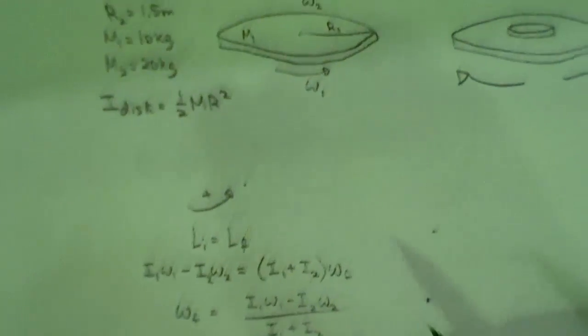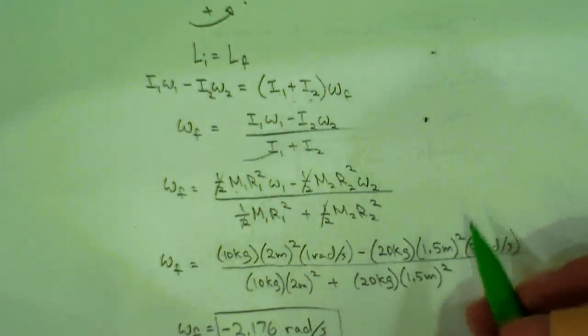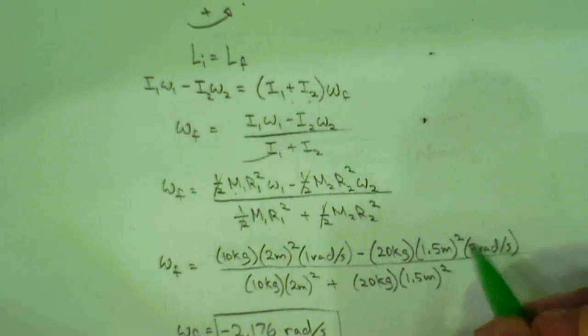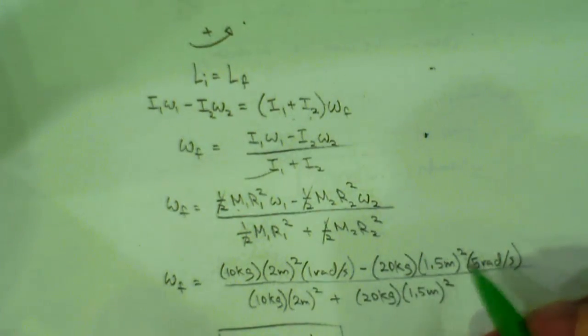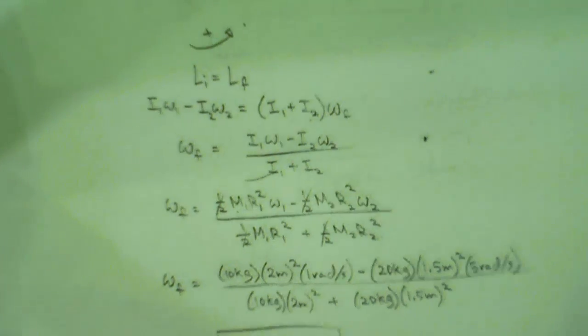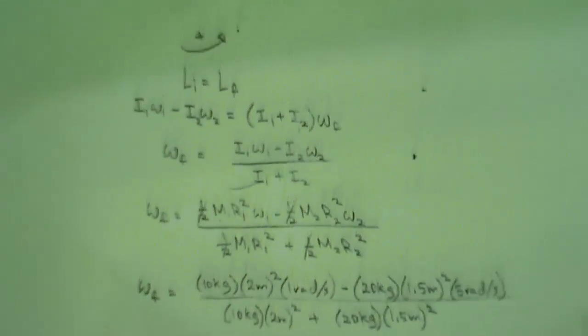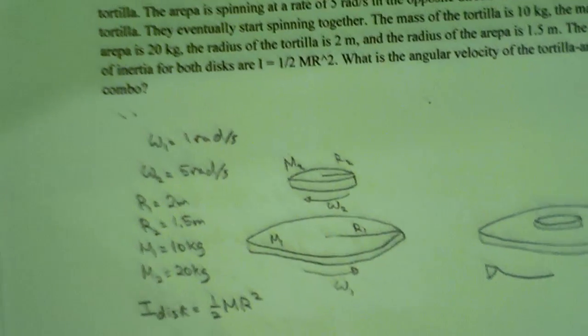And so when I go to plug in for omega 2, I don't want to put another negative in here because I already did that in the initial assumption. If I put a negative here, it would become a plus, and then your equation thinks that the arepa is spinning in the same direction, and you're going to get a different answer. All right, so be careful with signs. Any other questions on this problem?